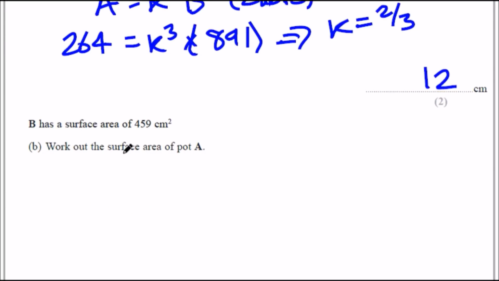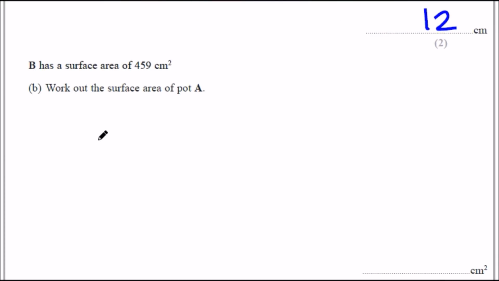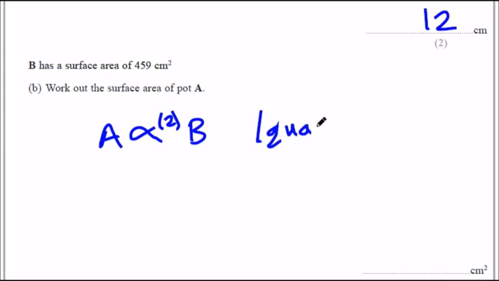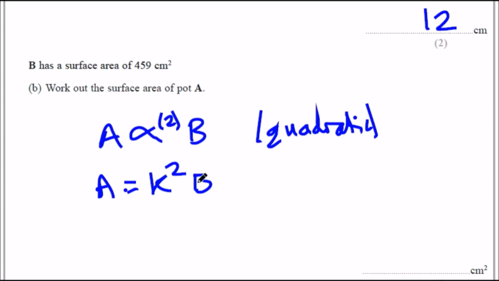Okay, so B has a surface area of 459, so same thing applies here. We can say that A is proportional in terms of areas, which we put 2, to B. So this is the quadratic relationship. That means the relationship is now going to be A equals, instead of K cubed, which is volume, K squared times B. So we know the surface area of B is 459.